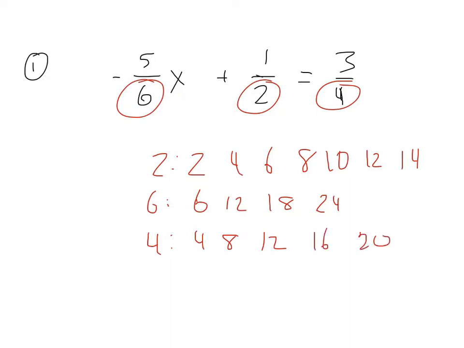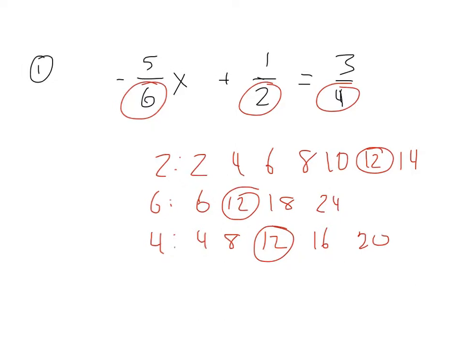All right, so what is the smallest number in all of these that is shared? Well, it has a 4, but it doesn't, so it can't be 4. I see a 12 as the smallest multiple in each of these, and all three of them have a 12. So I'm going to multiply everything in this equation by 12.